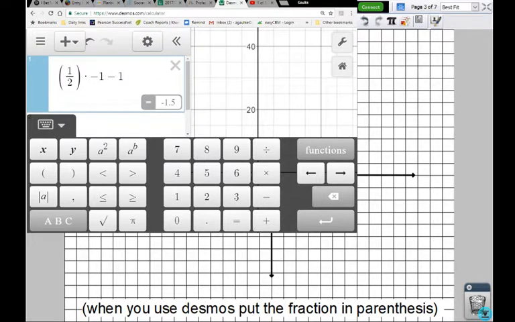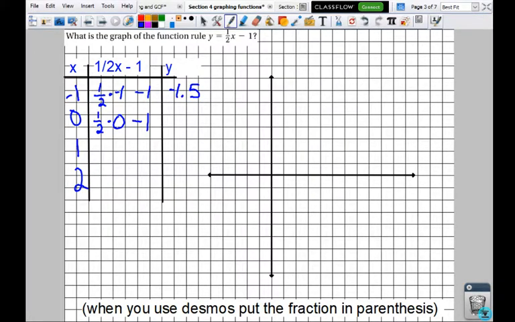Yeah. So when I go back to Desmos here, I'm going to make it easy. Instead of deleting the whole thing, I'm going to delete -1 and just type in 0. Makes it a lot easier. Instead of typing the whole thing in again, just change what you need. So when I plug in 0 this time, I just get -1. So let me go back to my table here. I got -1 out of it.